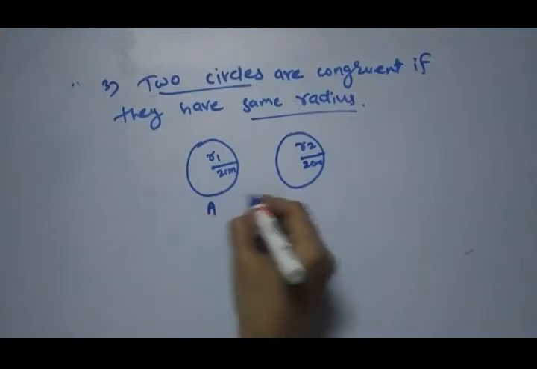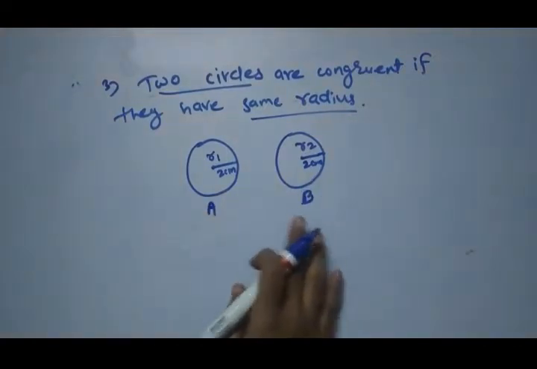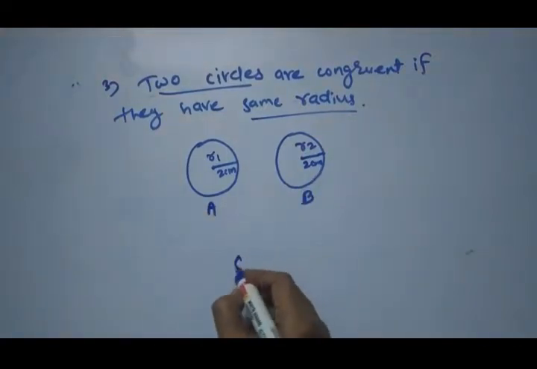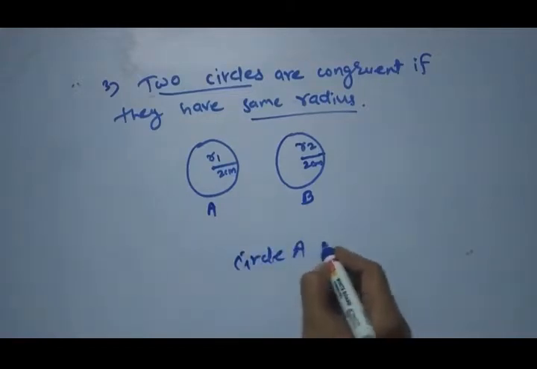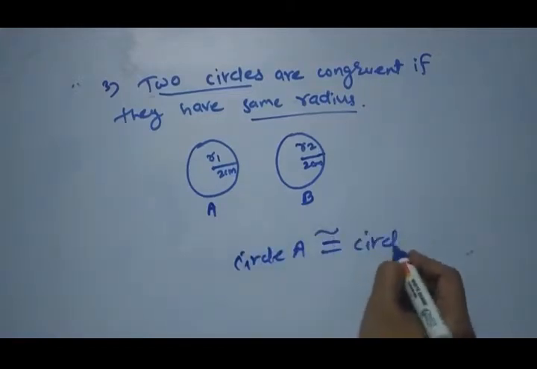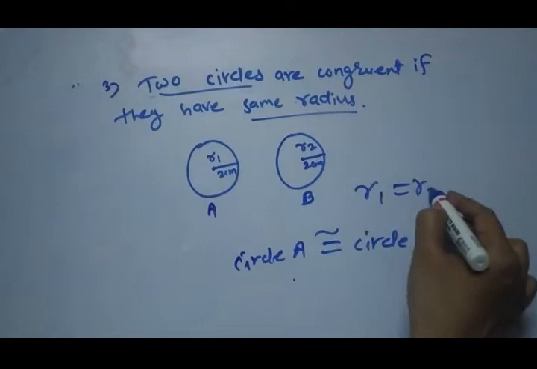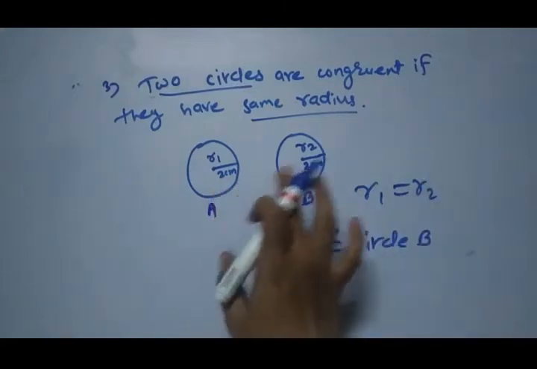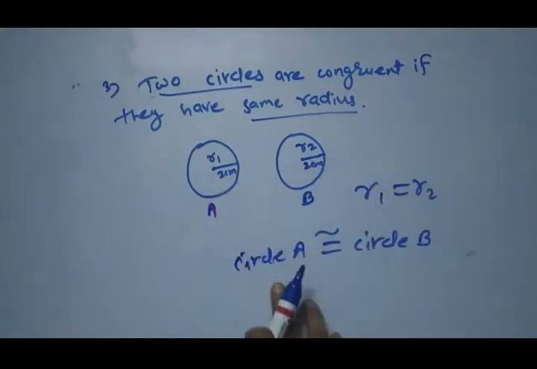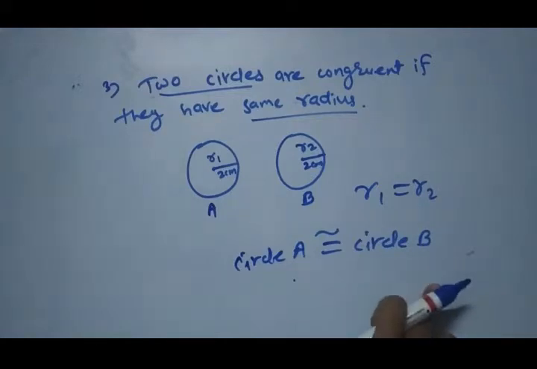This is circle A, this is circle B. Both circles have the same radius, so you can say circle A is congruent to circle B. Why are we saying these are congruent? Because their radii are the same. R1 is equal to R2. Both are of the same measurement. That's why we can say circle A is congruent to circle B.